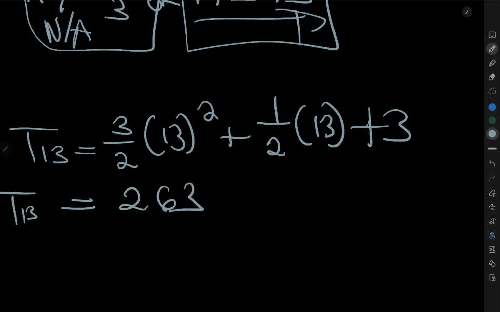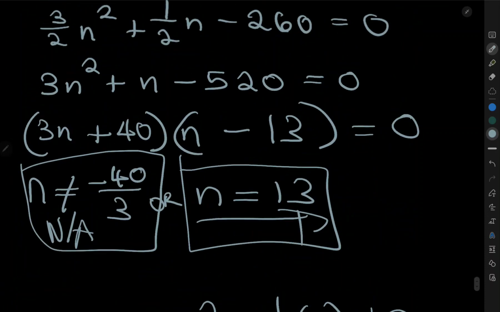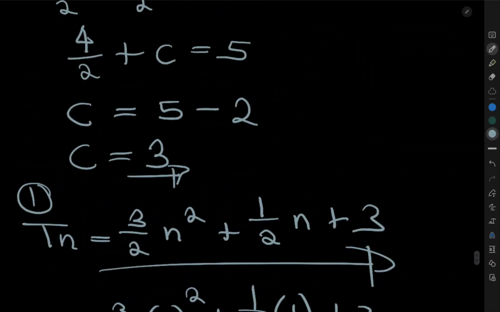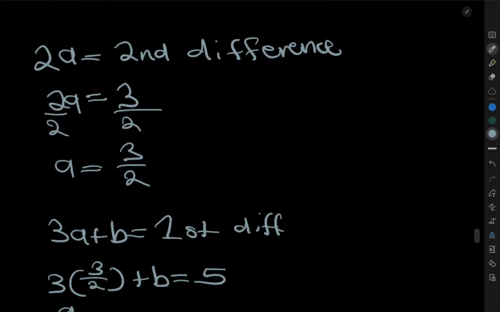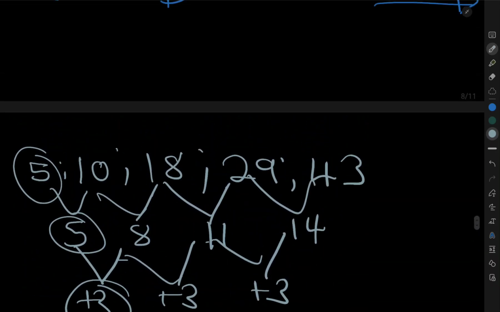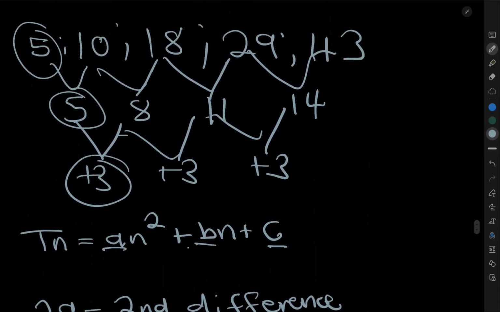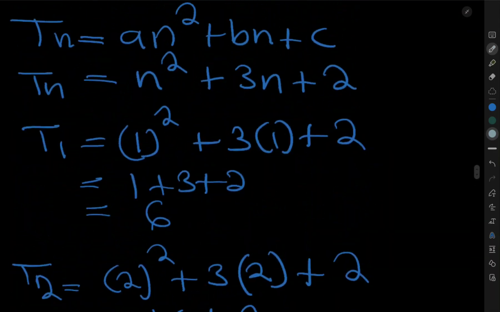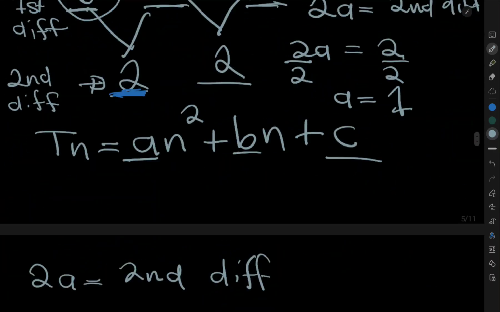We get that T13 is 263. So this is the value that we get if we substitute, and I hope this was sufficient for us to be able to identify quadratic patterns, calculate the general formula, and predict the unpredictable future.